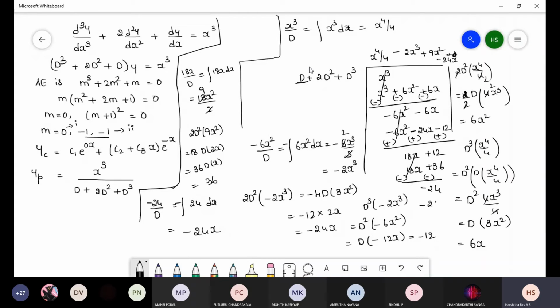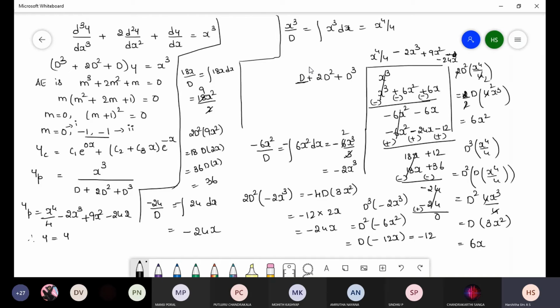Change the sign, here we get 0. For the other two terms, the first differentiation only gives 24, and the second differentiation becomes 0. So yp is equal to x power 4 divided by 4 minus 2x cube plus 9x square minus 24x.